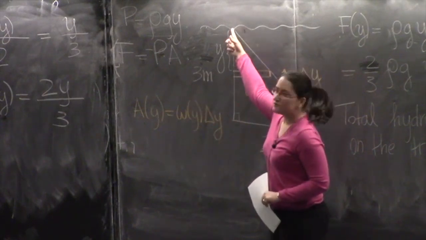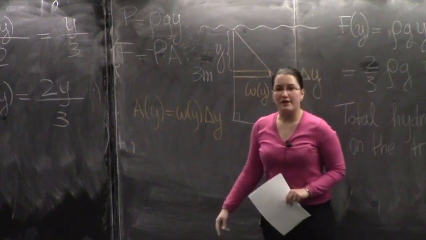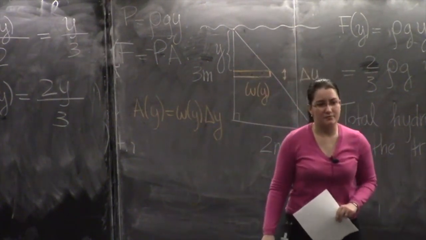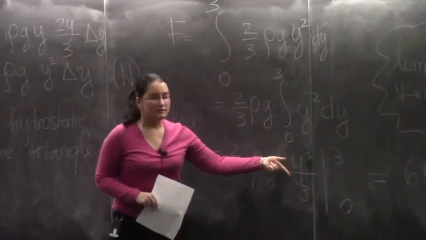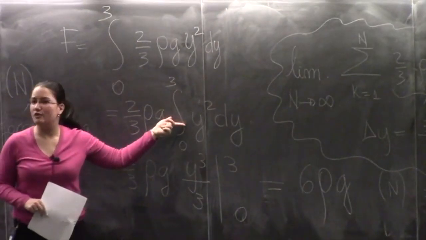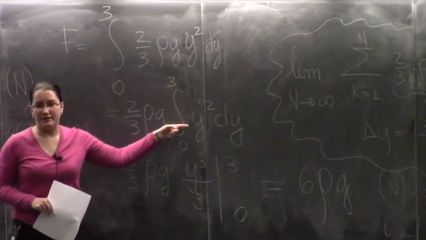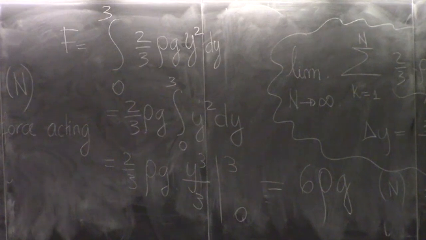And it goes from the top of the water, in this case, where the upper vertex of the triangle sits, all the way to the bottom, that is at depth 3. So we've got an integral over here that we can evaluate. As I said, integrals that involve hydrostatic pressure and force are not more complicated than this. Okay, so any questions about this example?